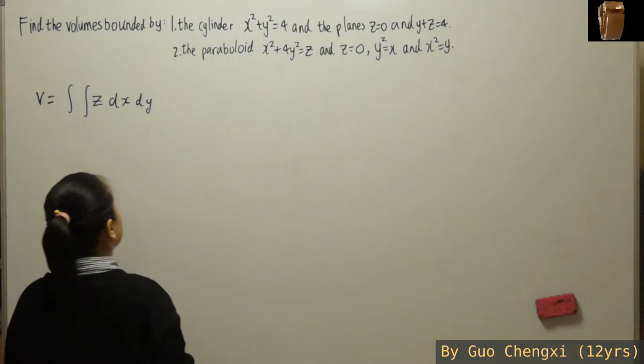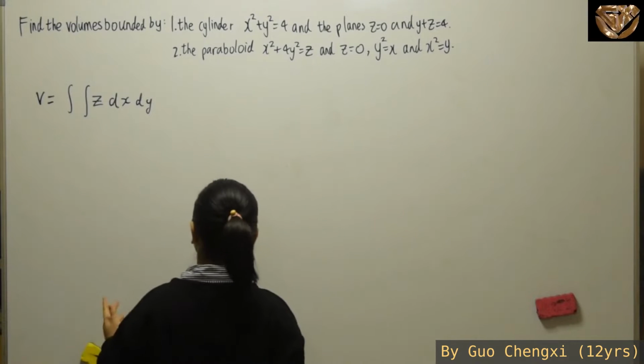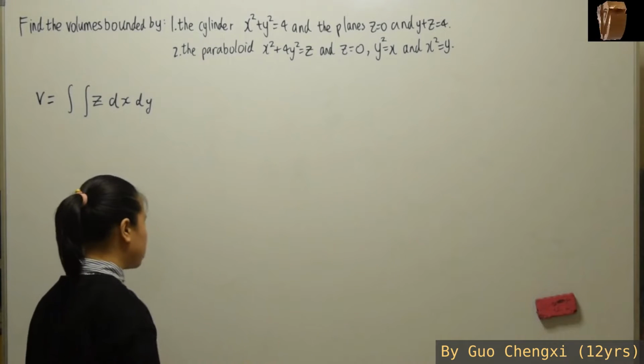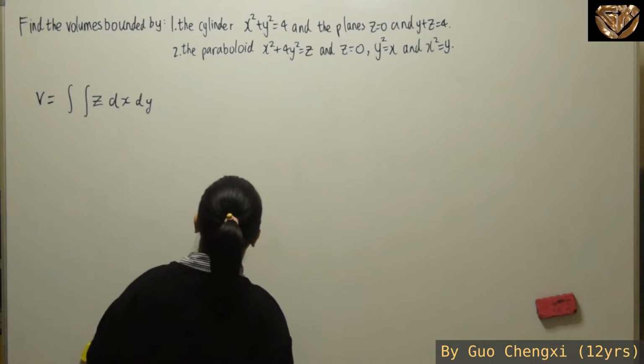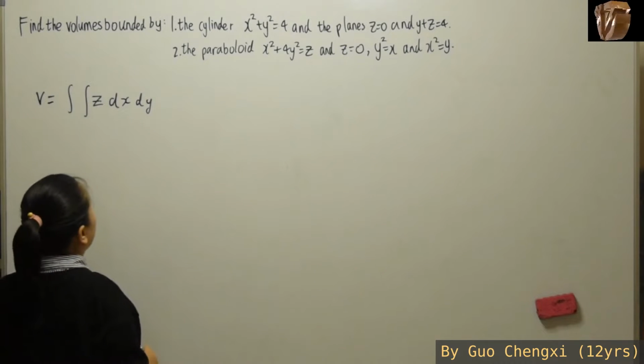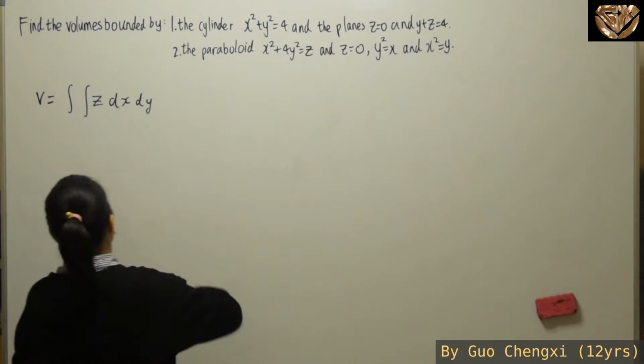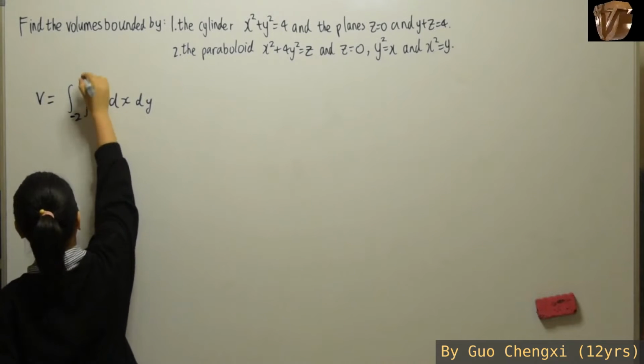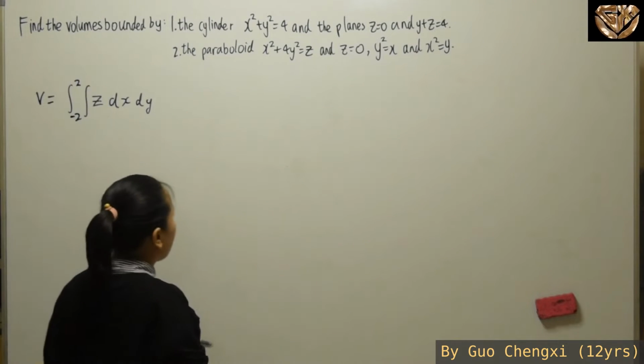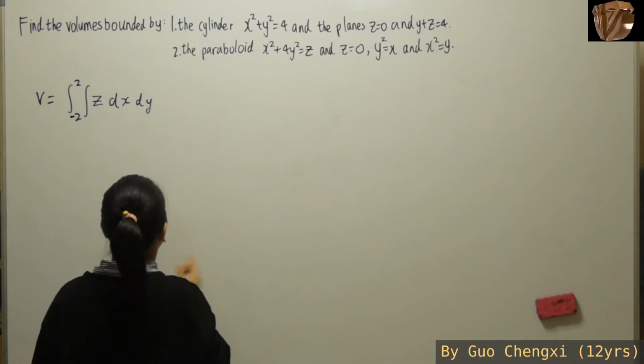So you can clearly tell that 4 is 2 squared, so x squared plus y squared is basically 2 squared. So over here, when you want to integrate, y is going to be from -2 to 2, while x is going to be from the two functions.